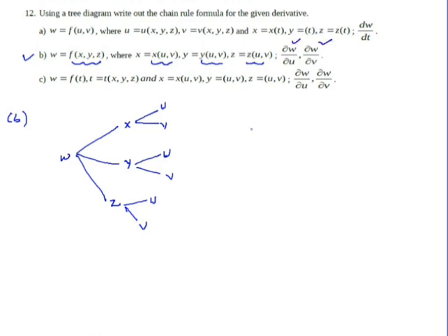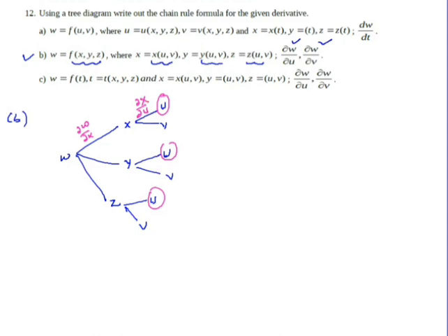w with respect to v. Okay, for w with respect to u, we will have three paths. Each of these paths: here we have w with respect to x, and here we have x with respect to u.